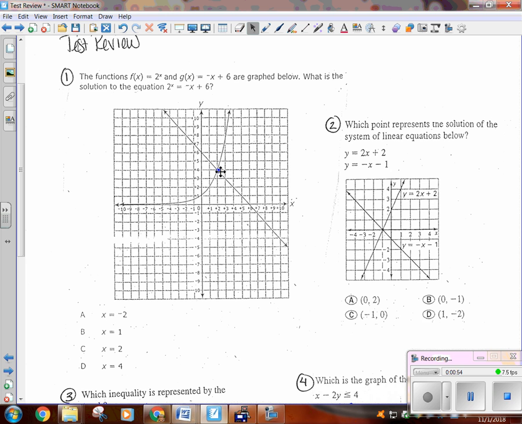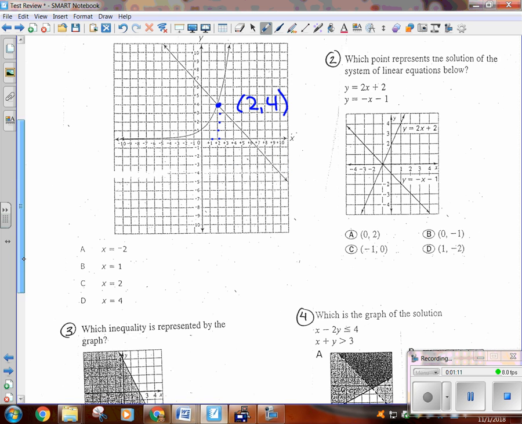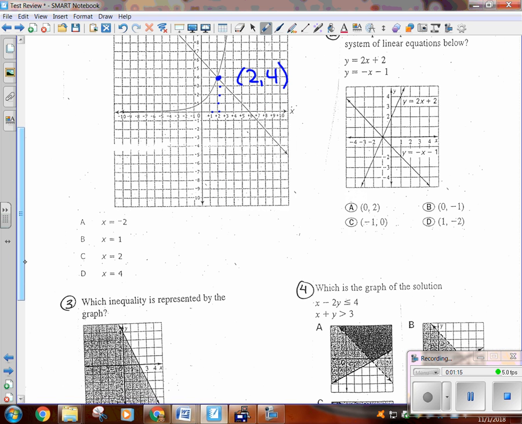So I just have to make sure that I know what my solution is. And if I look closely, it says, what is the solution to the equation? So if I go over 1, over 2, up 1, 2, 3, 4, that's actually the point (2, 4). Looking at the answers, it is basically just wanting the x answer, which of course is 2. So number 1 is C.